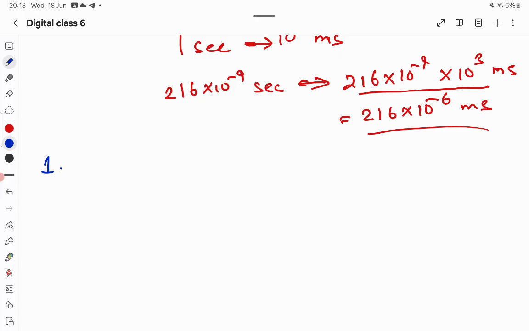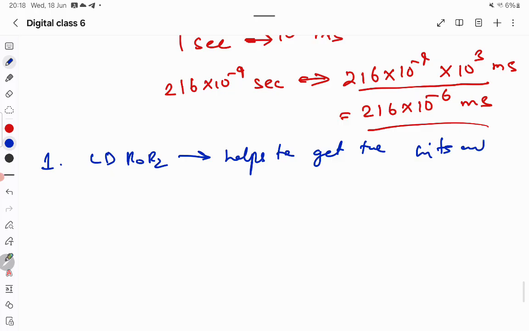So this load function, the instruction load, helps to get the number of hits and misses in cache, right or wrong? Whenever we perform the load operations, it always helps to get the number of hits or misses, right?